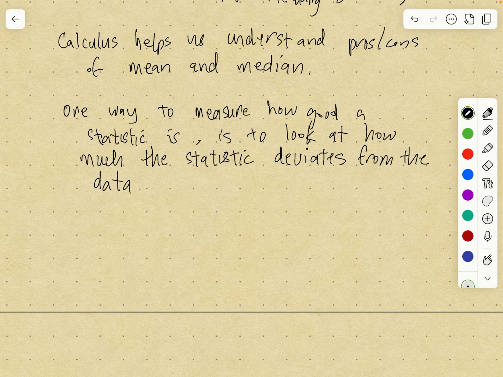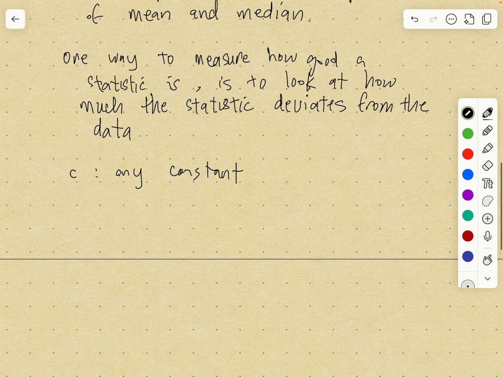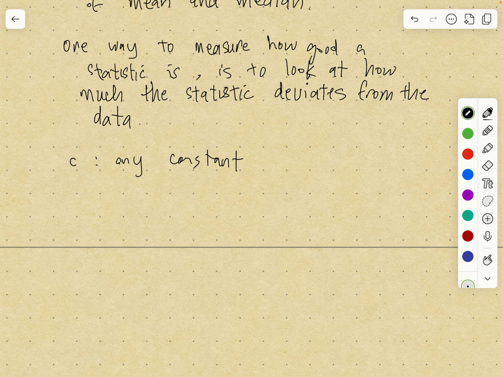So for instance, suppose that you have some number c, just any constant, and you want to know how far away it is from the data. Well, one thing you could look at is you could take each of your data points and then subtract c.